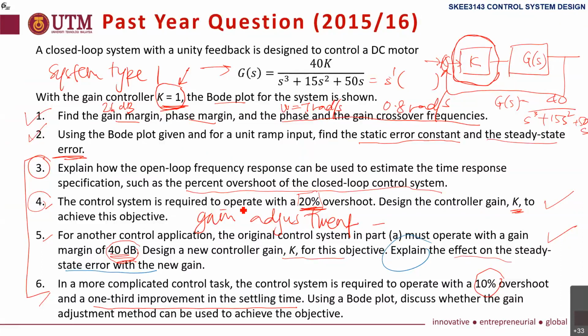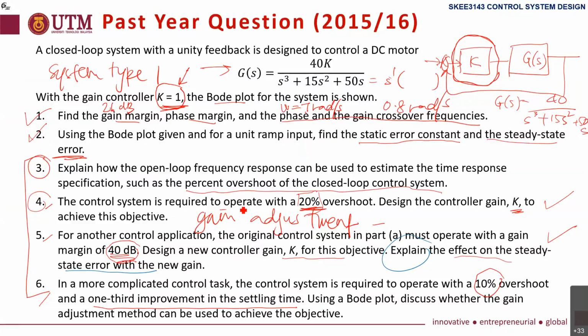You can imagine gain adjustment is similar to just Kp in PID control. Only Kp, only a P controller. Then you can achieve only one. So we have done gain adjustment.